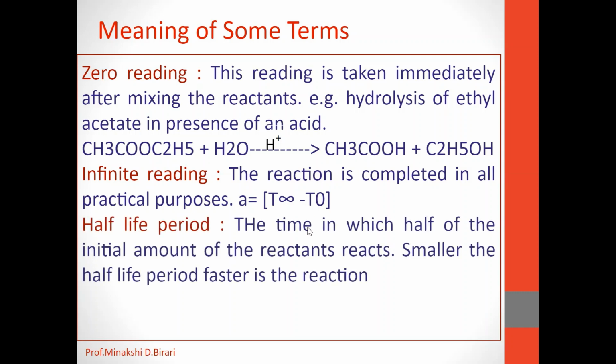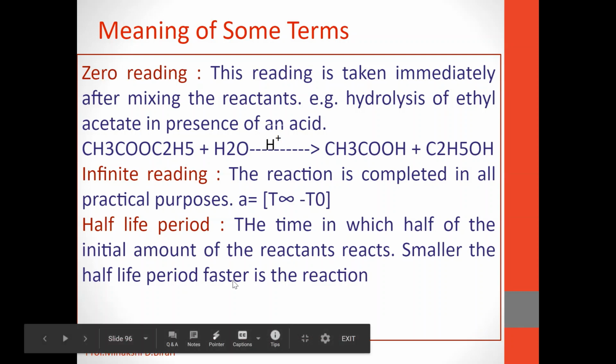Third one, half life period. So what is half life period? The time in which half of the initial amount of the reactant reacts is known as half life period. Smaller the half life period, faster is the reaction.